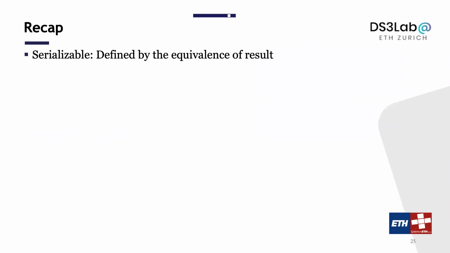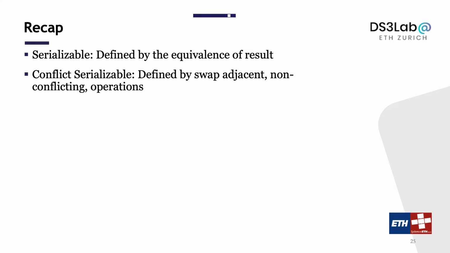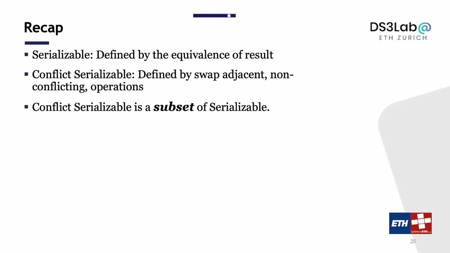So let's recap. We defined serializability, which is defined by the equivalence of the result: a schedule is serializable if it leads to the same result as some sequential execution schedule. We also defined a stronger notion called conflict serializability, which we define by swapping adjacent non-conflicting operations.